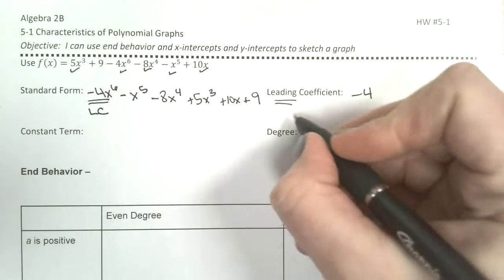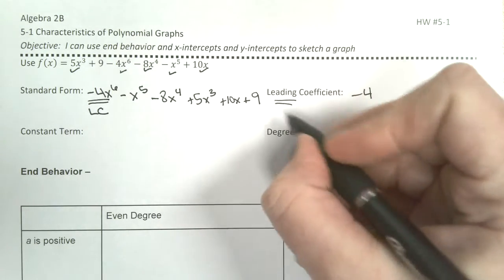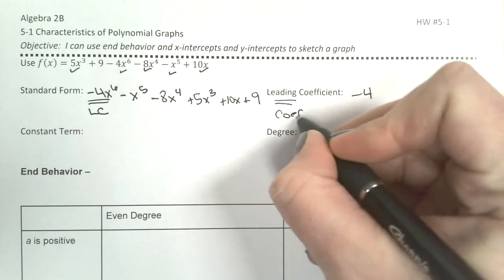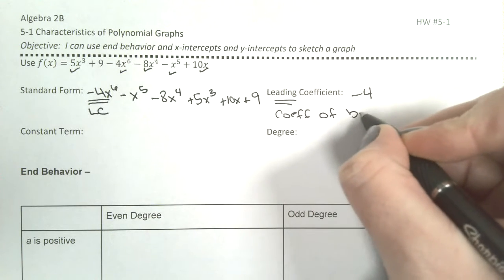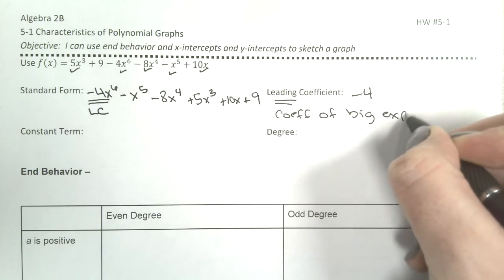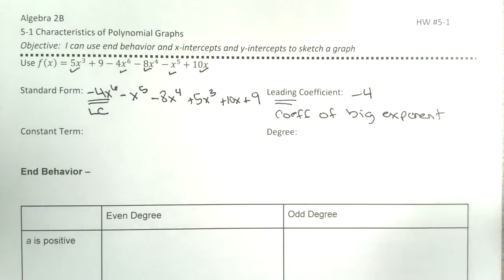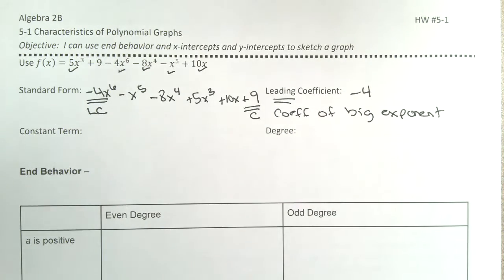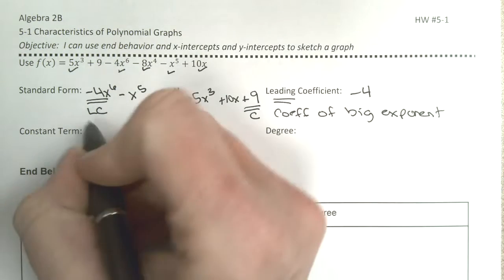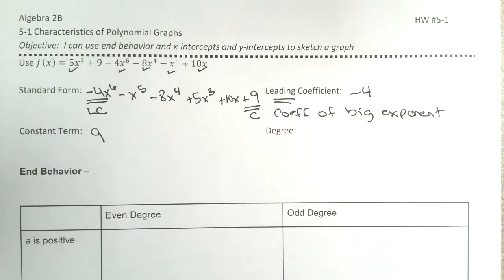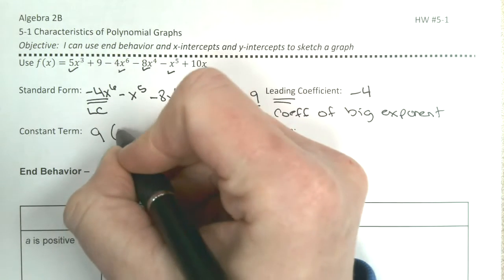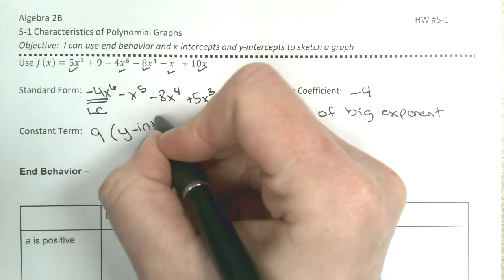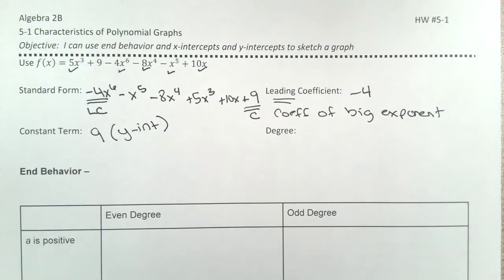The leading coefficient is the coefficient of your biggest exponent. And then hopefully you remember what a constant term is. The constant term is the plain old number, and it comes last. So my constant term is 9. The constant term is important. It will tell you your y-intercept. Super important there.